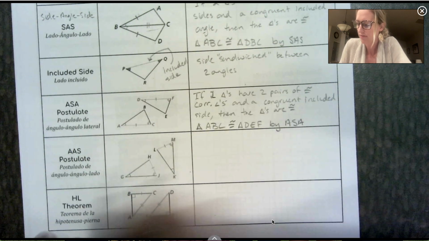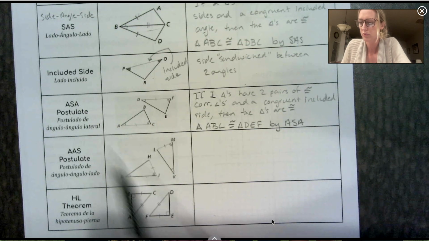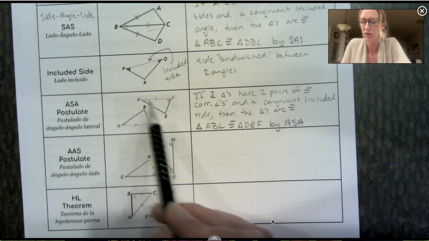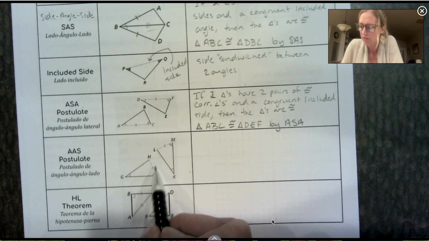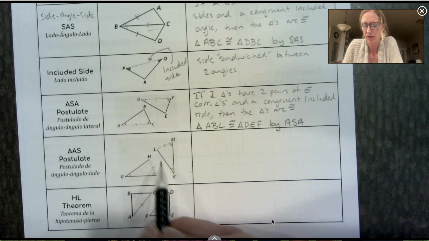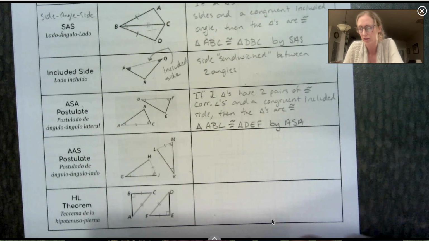Next, we have angle, angle, side. So the difference between this one and this one is the side is included. So the side's between the two angles that we're talking about. In this one, the side is not between the two angles we're talking about. Okay, and this is another shortcut that works.